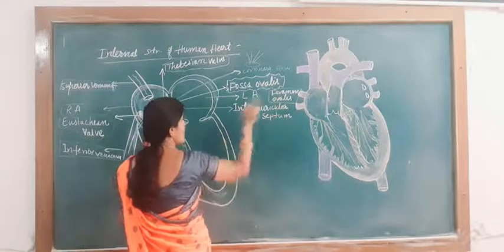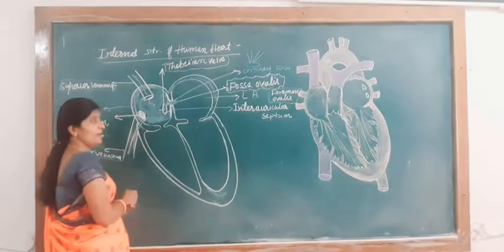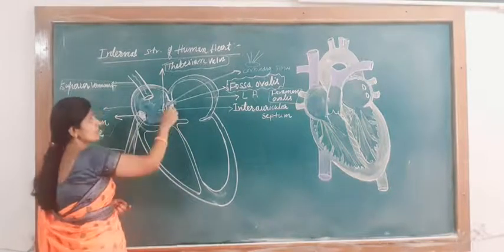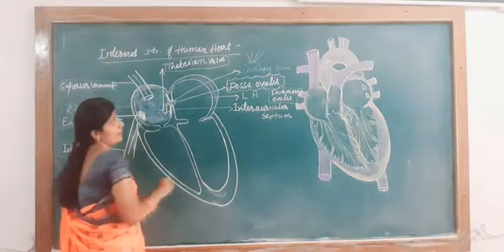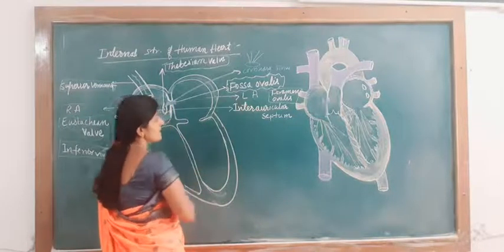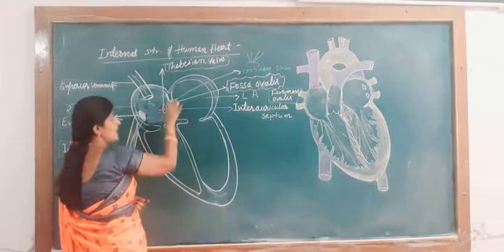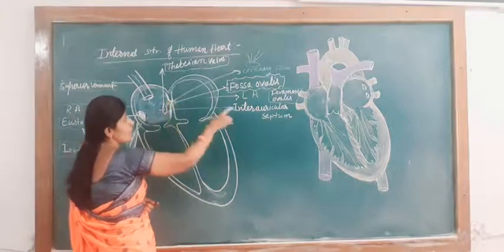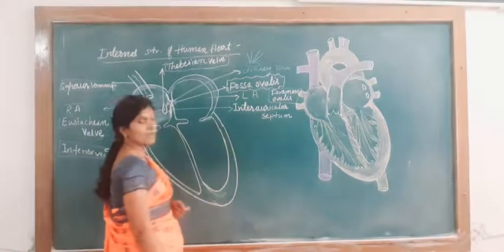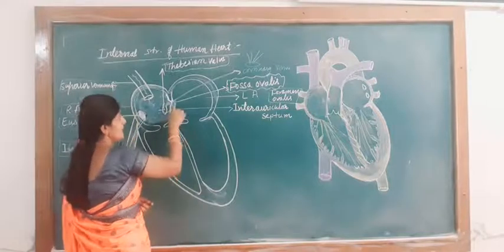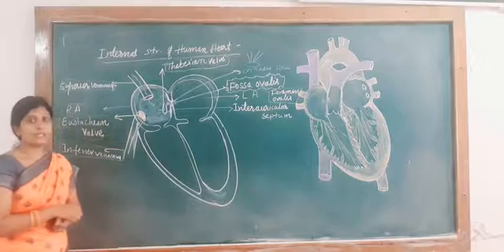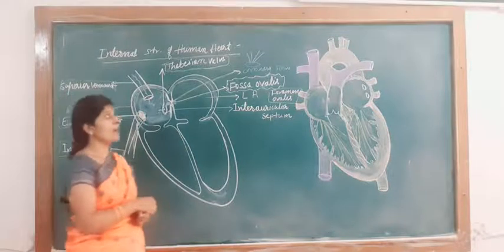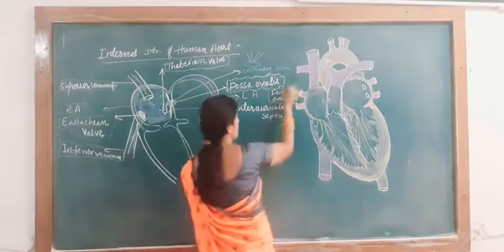Immediately after birth, this hole gets closed, but the depression remains. That depression shows that here the foramen ovalis was present, and that depression has been given the name fossa ovalis. Fossa ovalis is the remnant of the foramen ovalis.